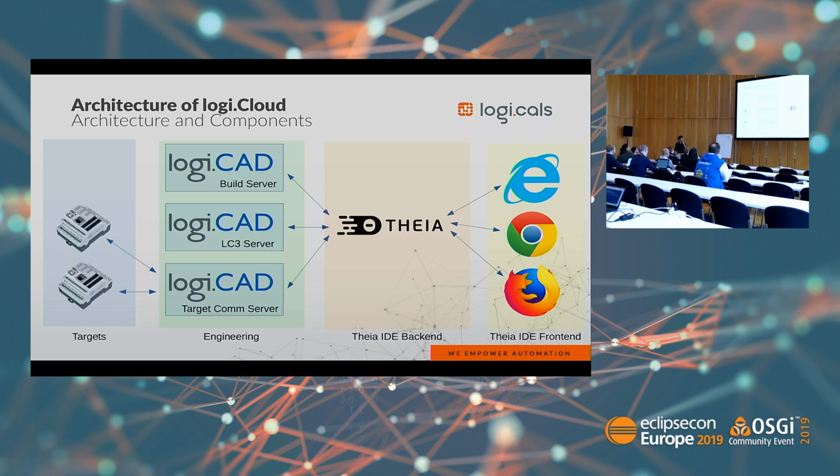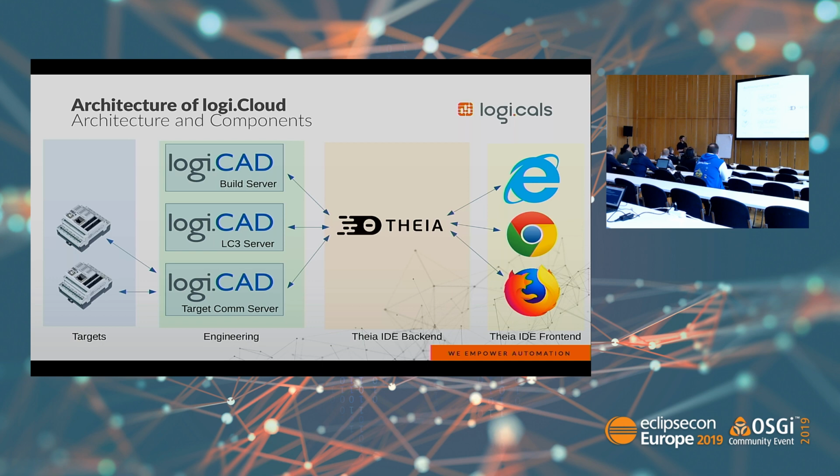This is a very, very high-level view of the architecture of Logic 3 being usable in a cloud. On the right-hand side, you can see web browsers, which are the typical front-end for the PLC developers in the future. They run the Theia front-end. And the Theia front-ends are connected to the Theia backend, which is already running somewhere in the cloud.